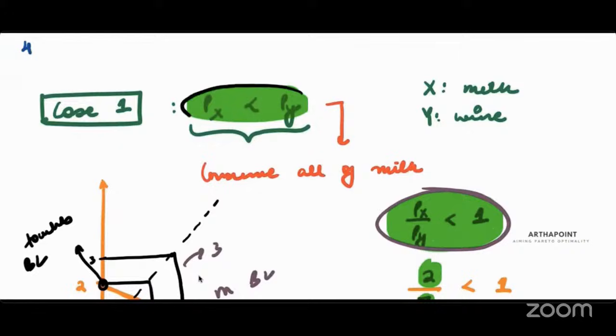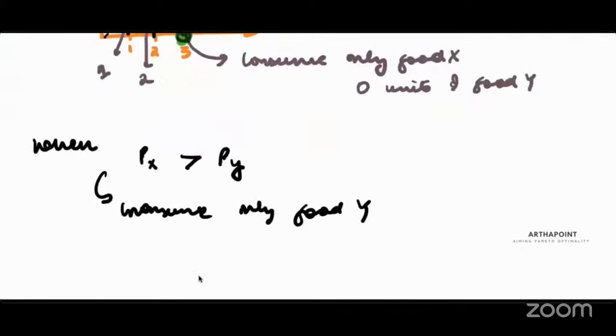When price of good X is less than good Y, you consume only good X. When Px is greater than Py, you consume only good Y. So aren't we acting very similar to substitute goods?